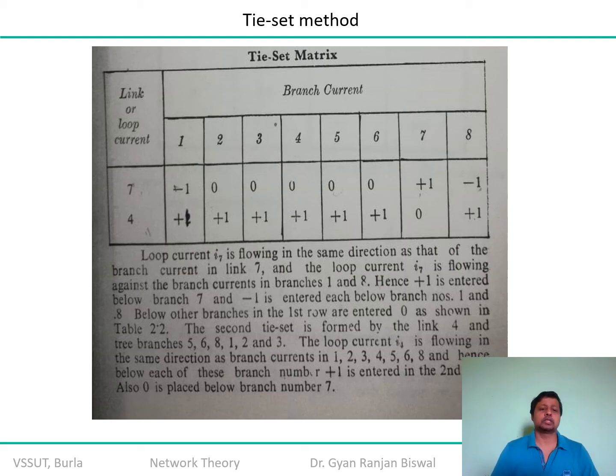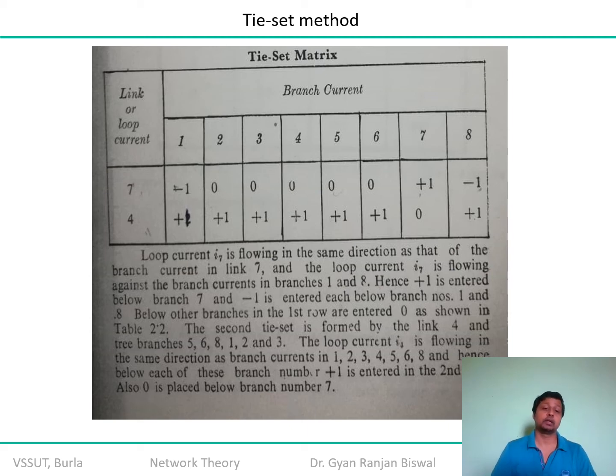If you consider 4, the direction of flow of the mesh current, that is the loop current, and the branch current in branch number 1 are the same, so it is replaced by plus 1. Similarly, branches 2, 3, 4, 5, 6 are also in the same direction, so all are replaced by plus 1. Branch number 7 is not connected with loop current 4, so it is replaced by 0, whereas branch number 8 is also in the same direction, so it is plus 1.